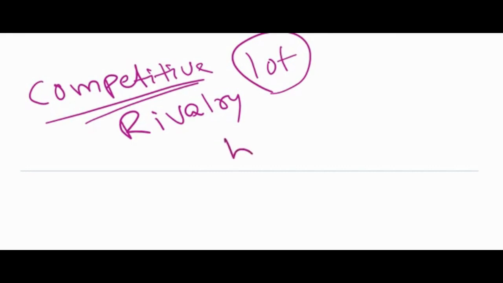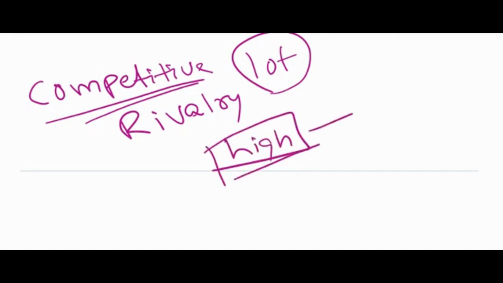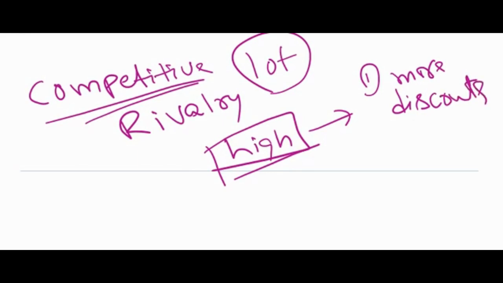When you have such high competition, what you need to do in the market is, either you give more discounts, so that more customers and buyers will come to you and you will get more revenue and profits, or you show some product differentiation so that people will come to you. Or you spend a lot of money on advertisement to attract buyers, so that you get more revenue and more profits and are not into losses.